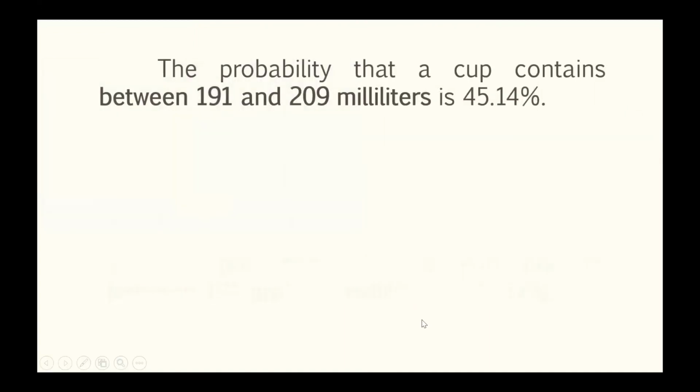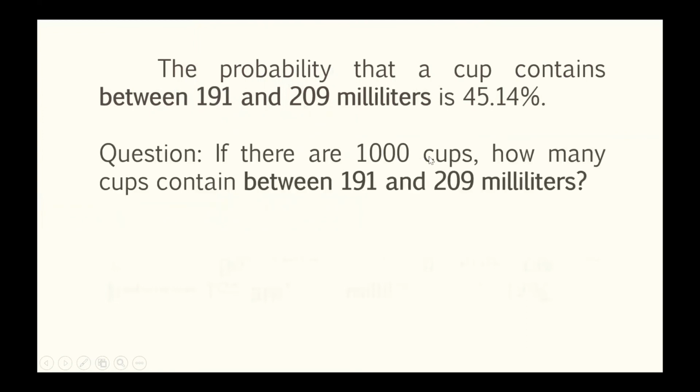What about if you will be asked the 45% of 1,000 cups? What if we have 1,000 cups? So, ilan kaya ang cups ang nagko-contain ng between 191 and 209 milliliters? So, all you have to do is to multiply 1,000 by 0.4514 or the decimal form of this percent.